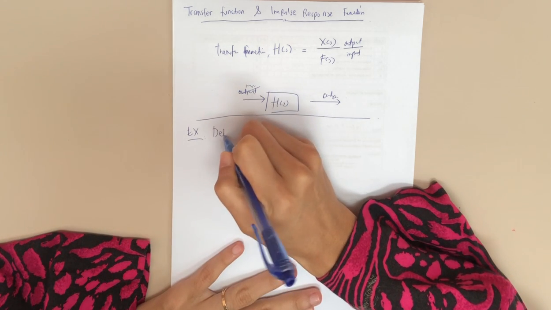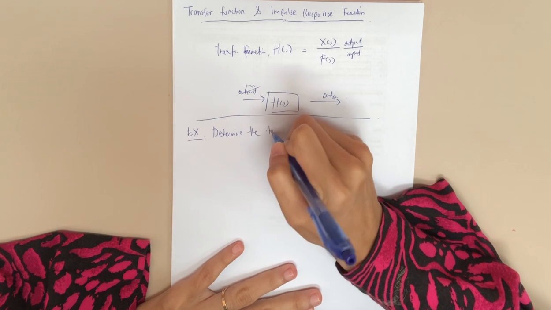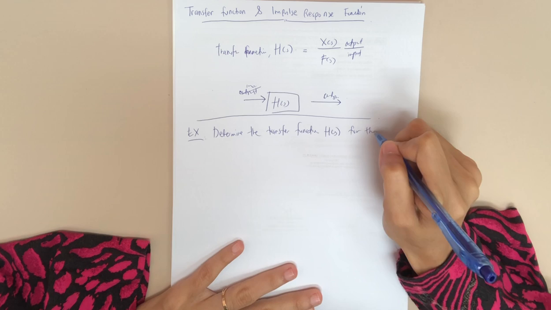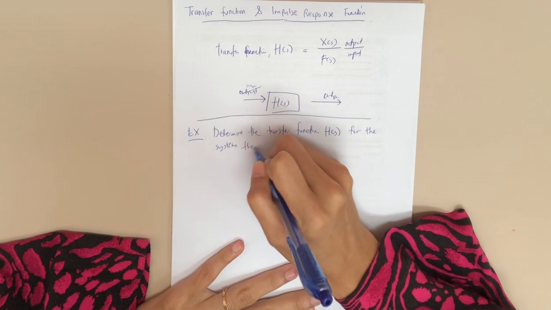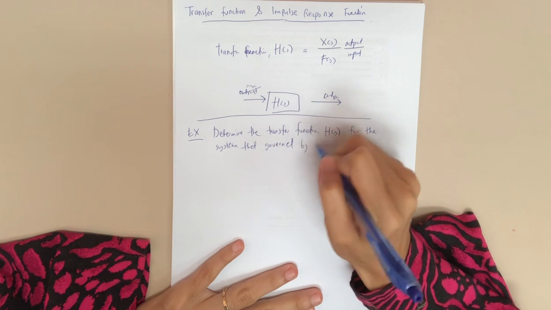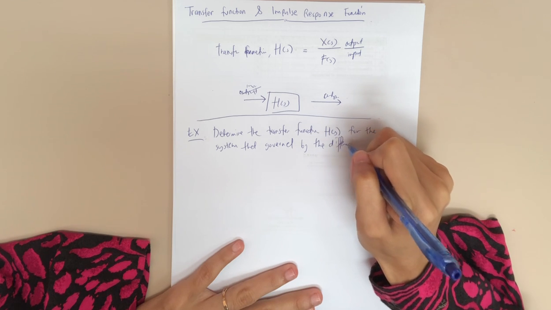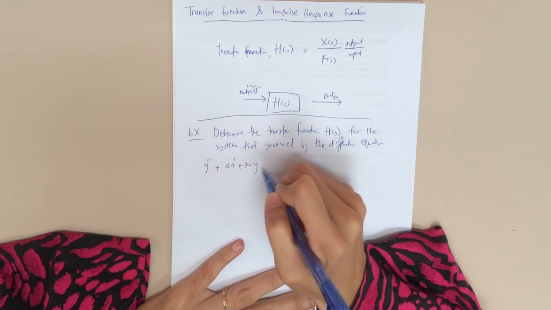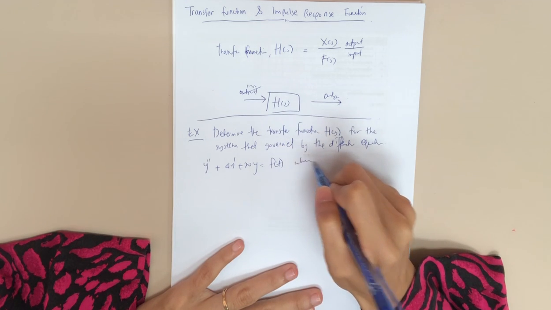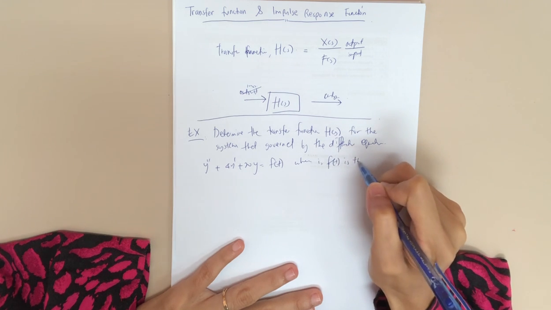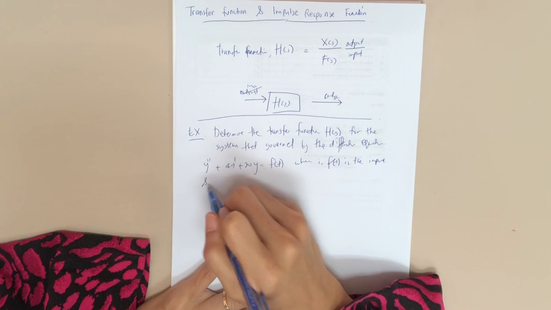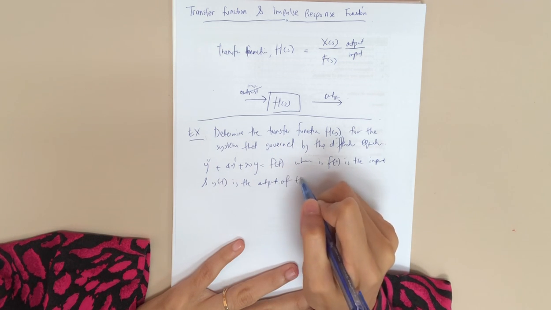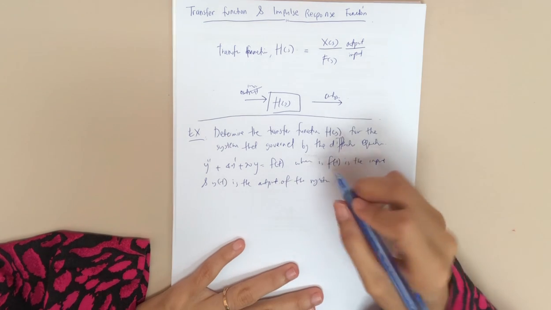The first question: determine the transfer function H(s) for the system that is governed by the differential equation y double prime plus 4y prime plus 20y equal to f(t), whereas f(t) is the input, and y(t) is the output of the system.